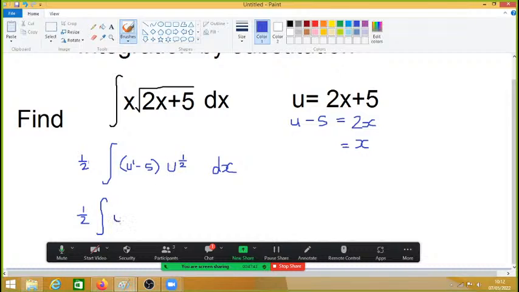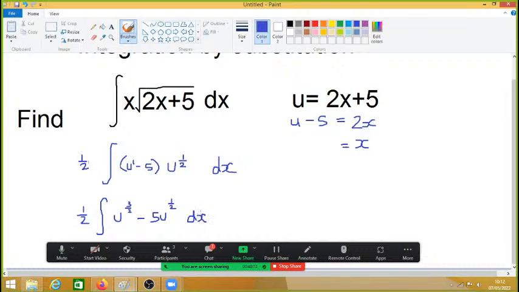So that's going to become u to the power 3 over 2. And then you can guess the next bit. I've got 5 times u to the power half. So actually, with both of those things, the substitution for the u and also expanding out the brackets, we've got something that's quite easy to integrate now.